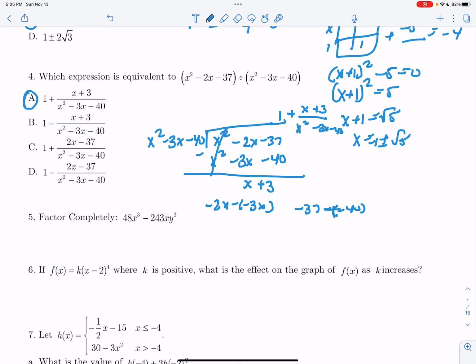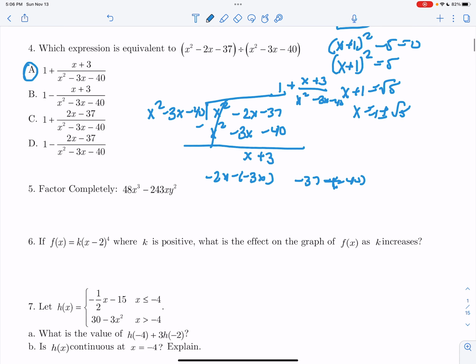You want to factor completely for number 5, so you need to think about what the GCF of 48 and 243 is. And if I recall, pretty sure your GCF was 2, maybe 6. Not 6, 3. Yeah.